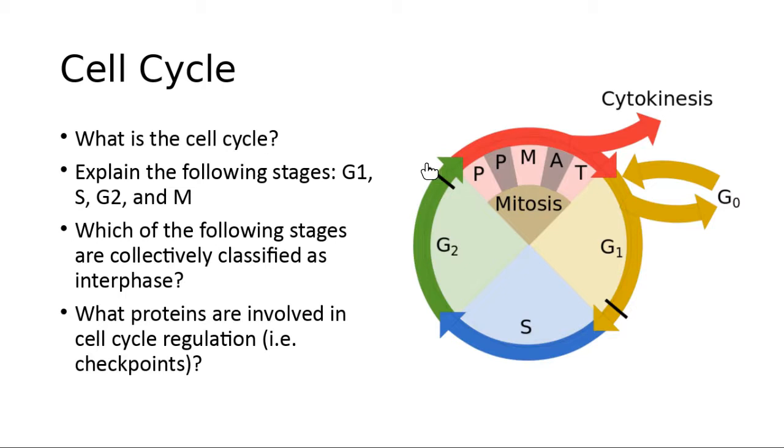So that's where the G2M checkpoint comes in. And then we have a checkpoint in between metaphase and anaphase as well. So that's in your notes. Make sure to go over those details. But the cyclins are these proteins that are involved in cell cycle regulation, and they're produced along with the cell cycle.